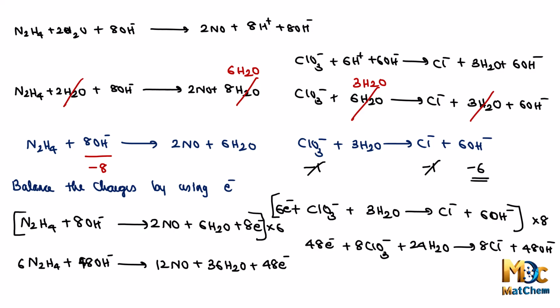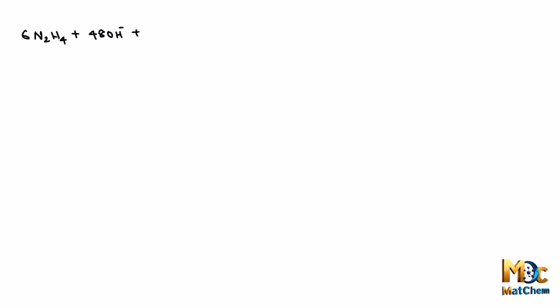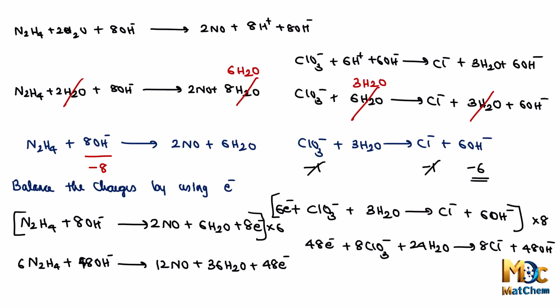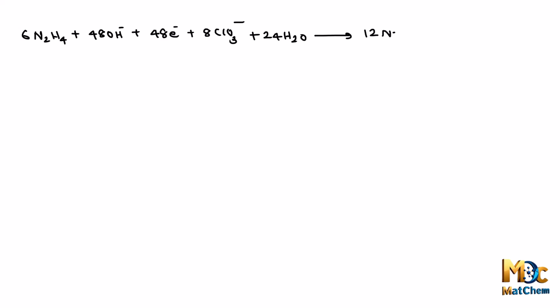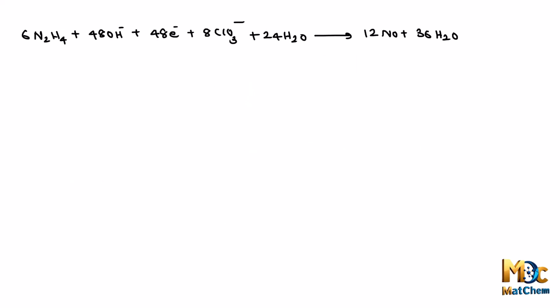So what you will get? 6 N2H4 plus 48 OH minus plus 48 electrons plus 8 ClO3 minus plus 24 H2O gives, on the right hand side of the first equation, 12 NO plus 36 H2O plus 48 electrons.